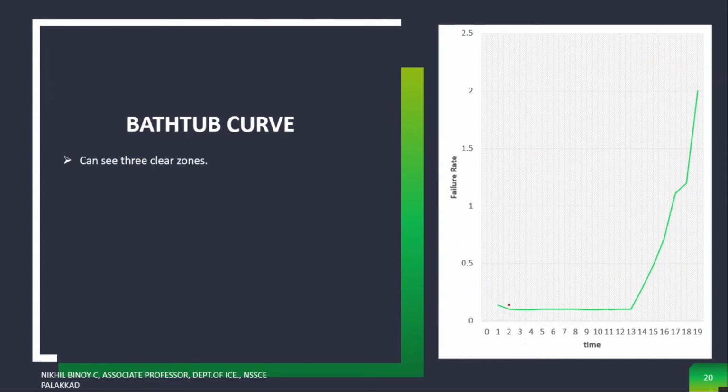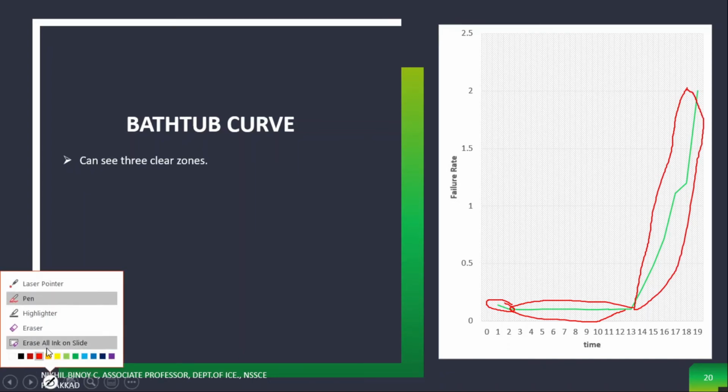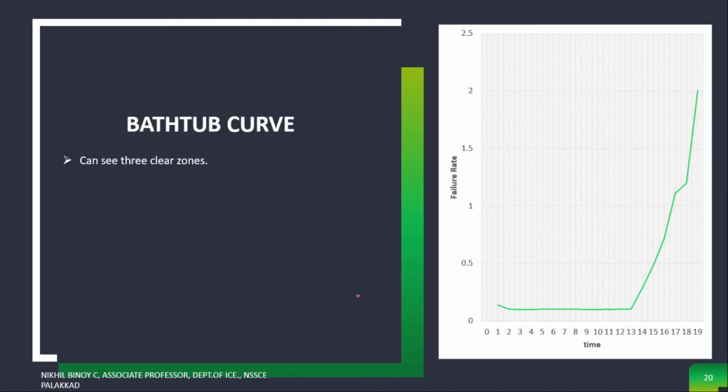Now you can see three clear zones. This is one zone, this is the second zone, and this one is the third zone. Is it okay?